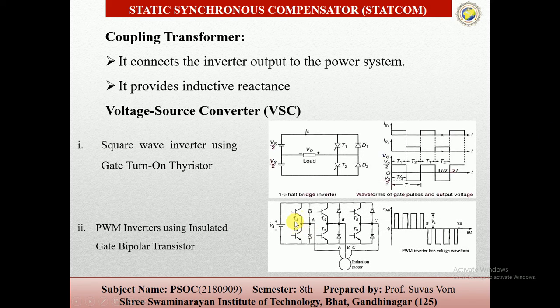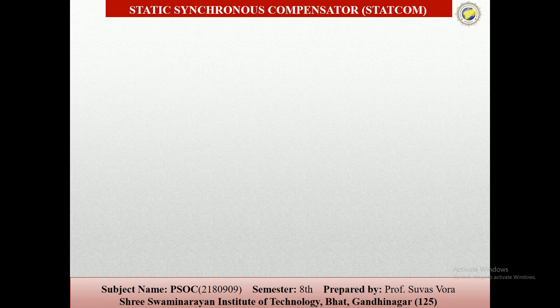So here we use both thyristors and transistors. This is the controlling method of the PWM, pulse width modulation technique. We divide this part into small parts and we get the sine waves. So these are the voltage source converter systems.